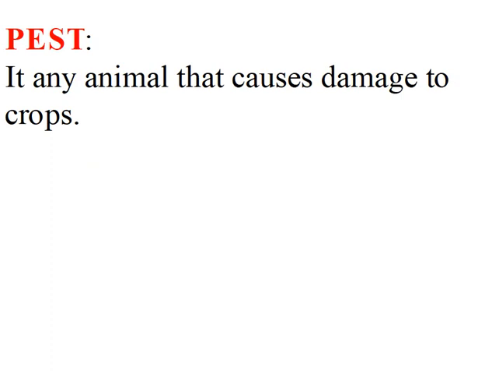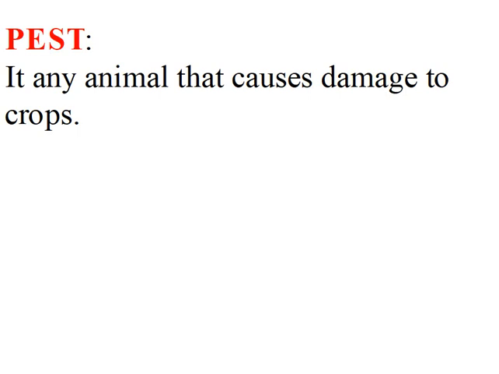What is a pest? A pest is any animal that causes damage to crops. One may ask, what are crops? Crops are plants that are grown on large scale for commercial purposes.